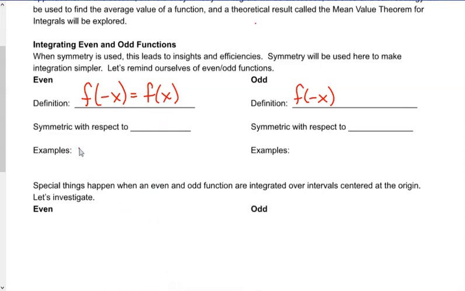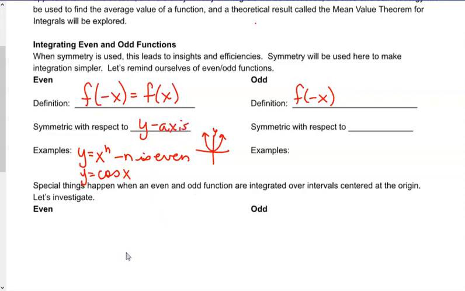Some examples of an even function would be y equals x to the n, where n is even. Also, cosine is a trig function that is even. Thinking about y equaling x squared, that's the lowest even power that we have, and the graph of y equaling x squared is symmetric over the y-axis.